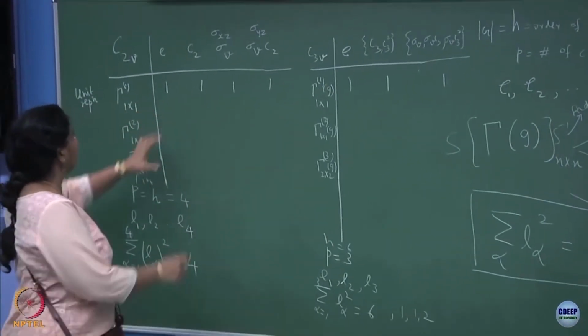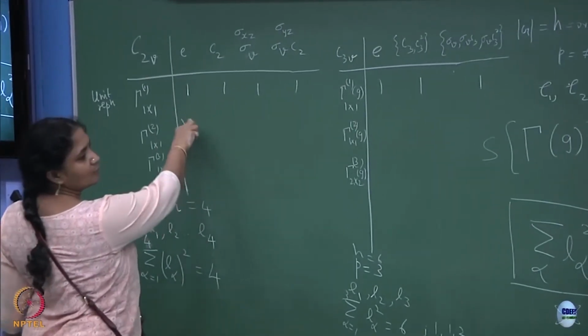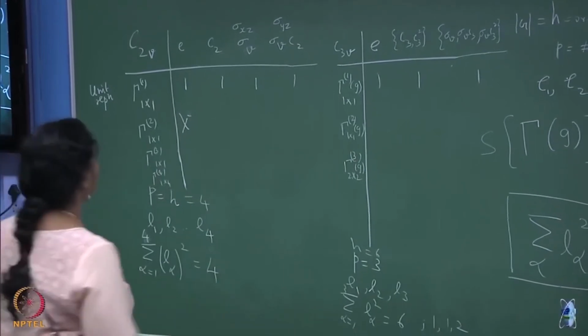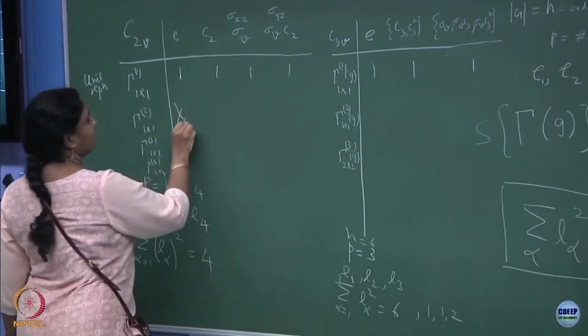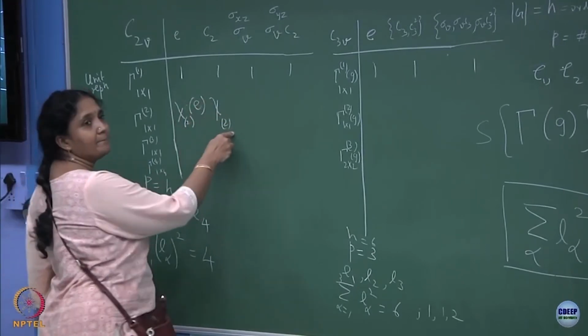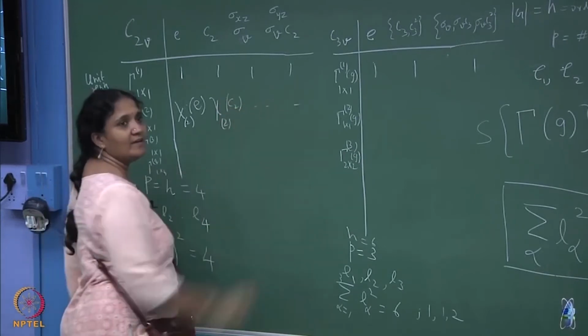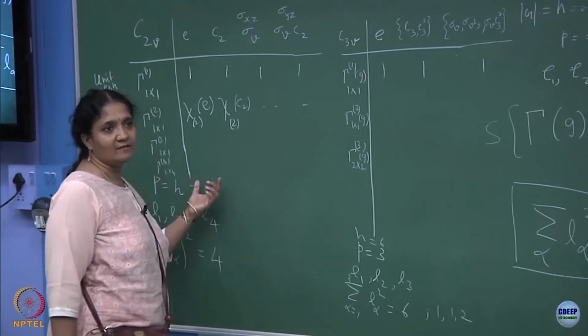So, I have to write the character for representation 2. I do not know what notation I used here. So, I have used the character for alpha 2 for the identity element, the character for the irrep for the C2 element and so on. Okay. I need to fill this, I have not done it.